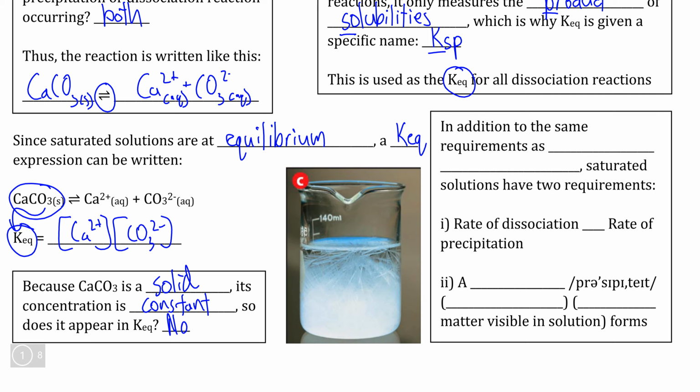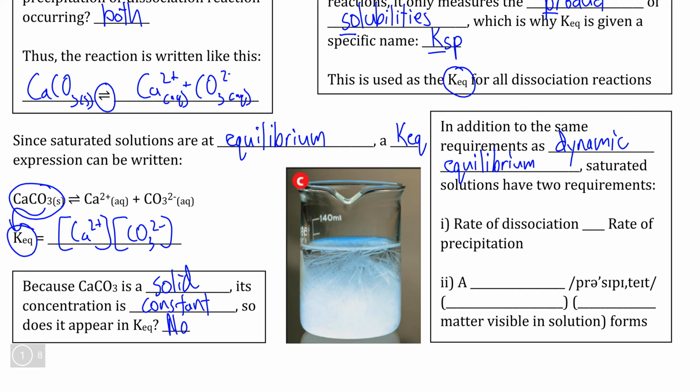And for that reason, we don't refer to our equilibrium constant as KEQ, we give it the name KSP. In other words, the solubility product KEQ constant.